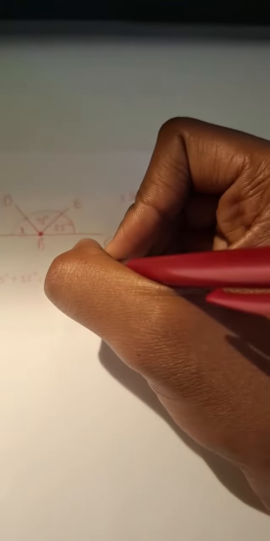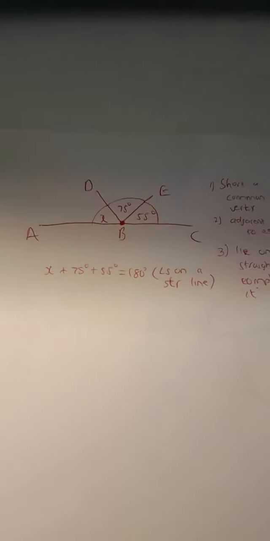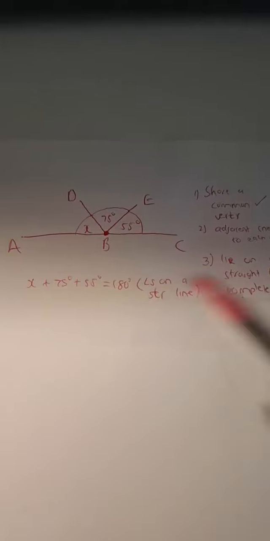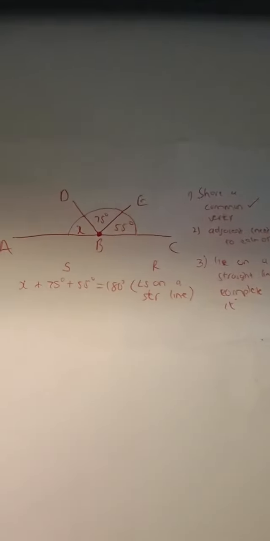What's the reason? Angles on a STR, short for straight, line, and then we close the brackets. So what this does is that we write our statement, and then we must write a reason.